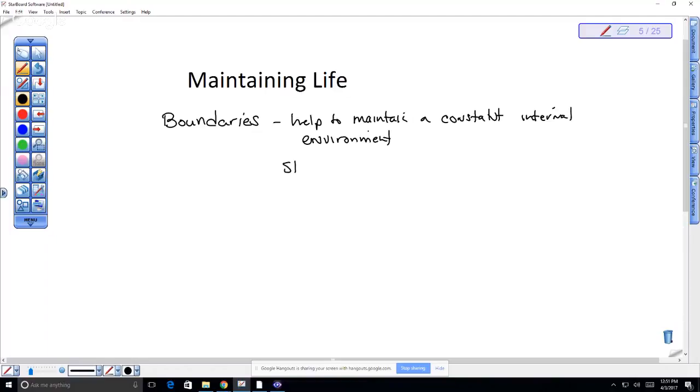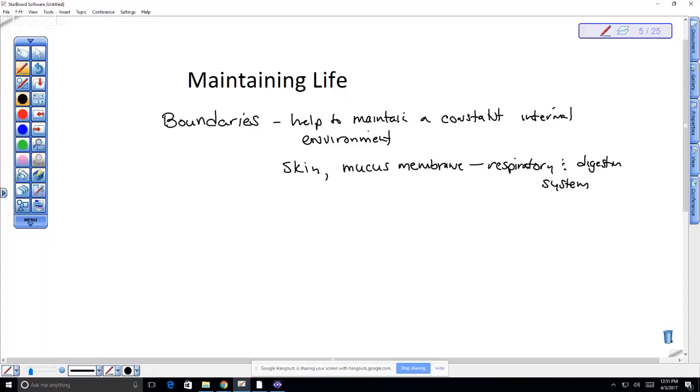So for example, our skin is a big boundary, right? But we also have mucous membranes, right? And these can be found in the respiratory tract, and also in your digestive system. Because when you eat stuff, obviously there's bacteria on it, and fungus too, no matter how much you wash it.